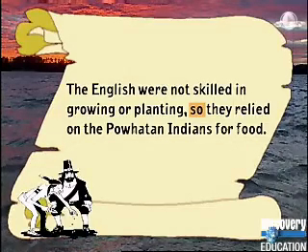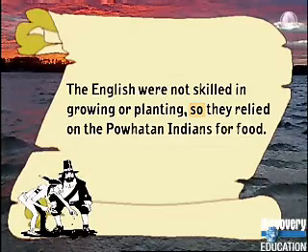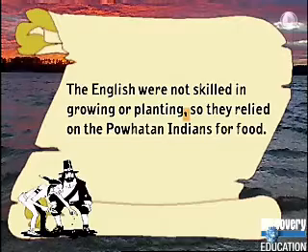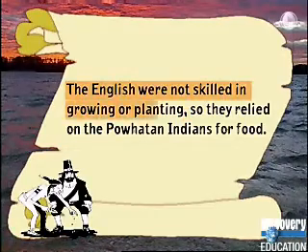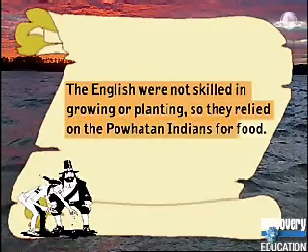"So" shows that the second idea in the sentence is a result of the first. Remember to always insert a comma before each conjunction. The English were not skilled in growing or planting, so they relied on the Powhatan Indians for food.